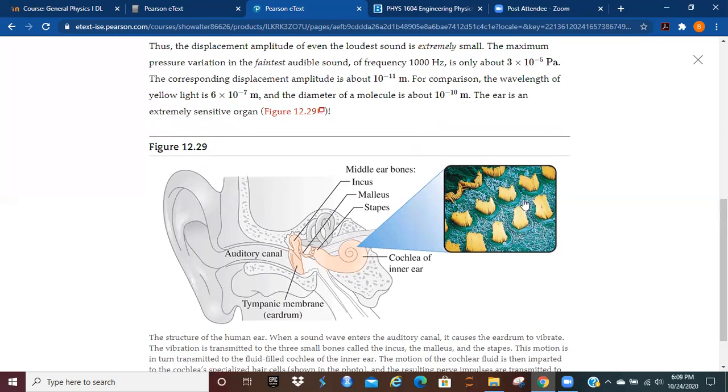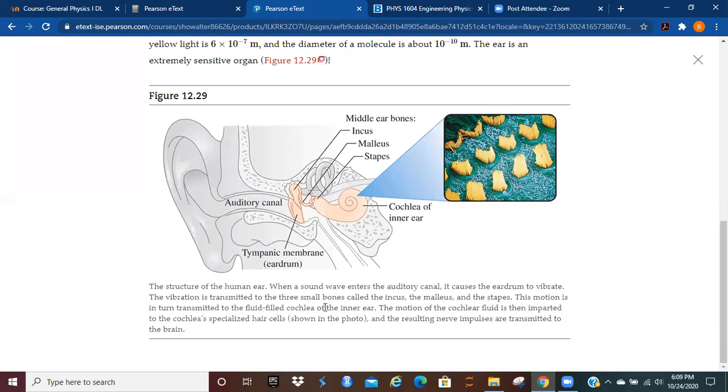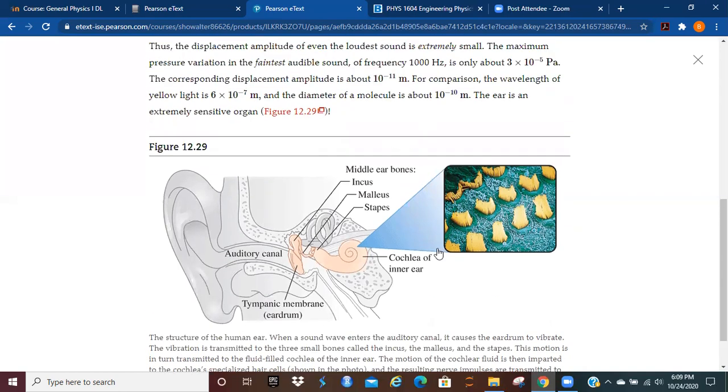Within the cochlea, you've got what appear to be hair-like structures, but it's also fluid-filled. So the motion of the cochlear fluid is then imparted to the cochlea's specialized hair cells, and the resulting nerve impulses are transmitted to the brain. That's kind of neat.